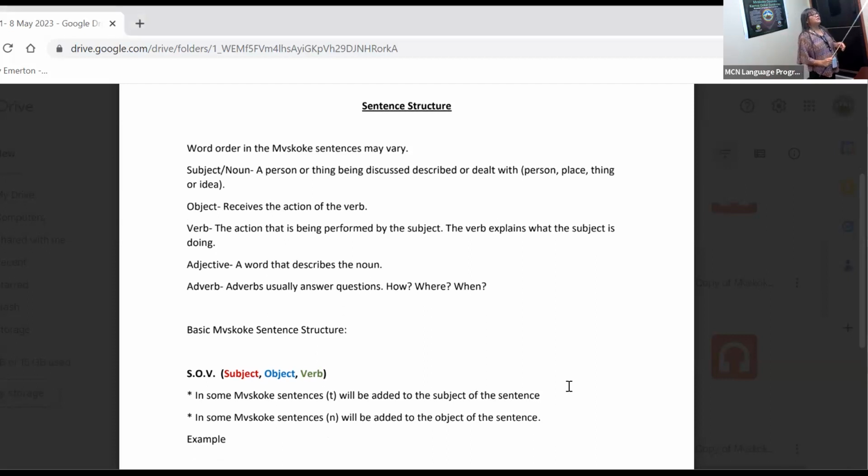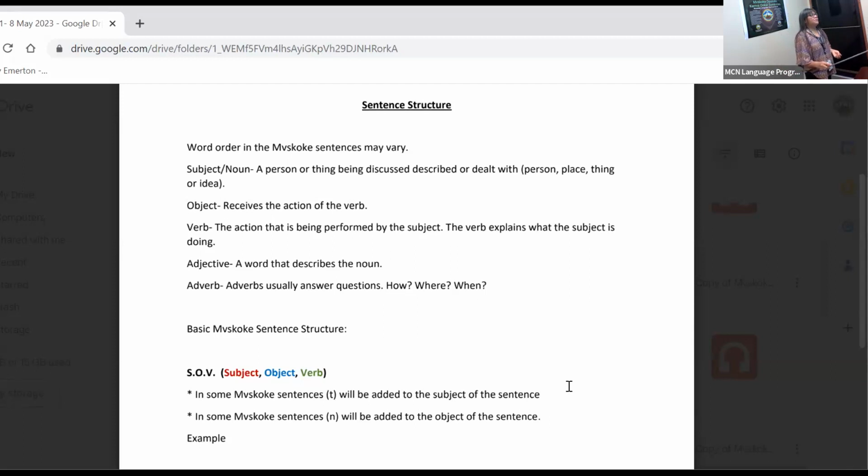All right. So you see right here, the word order for Mvskoke sentences may vary. And as you've seen before in the book, it's not all exactly the same. We also have other dictionaries, older dictionaries, other versions of dictionaries, and other references that we look at to help navigate the Mvskoke language as easily as possible.